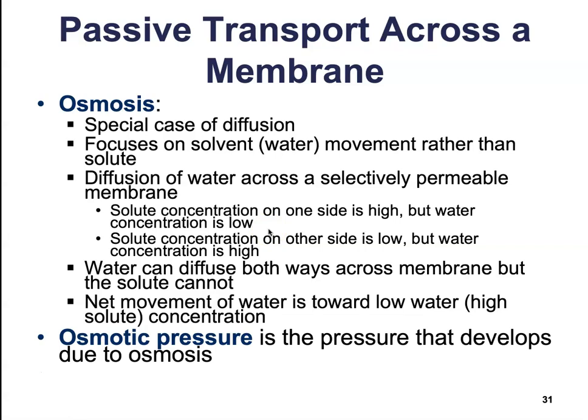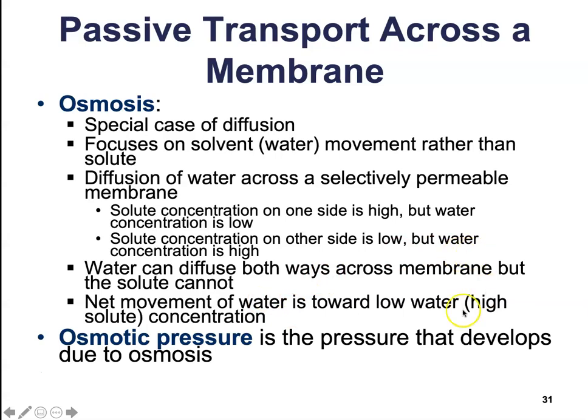So when you're talking about osmosis, you're following the water, not the solute. Water can diffuse both ways across the membrane, but the solute can't. The net movement of water is towards low water concentration, because again, it's moving from high concentration to low.